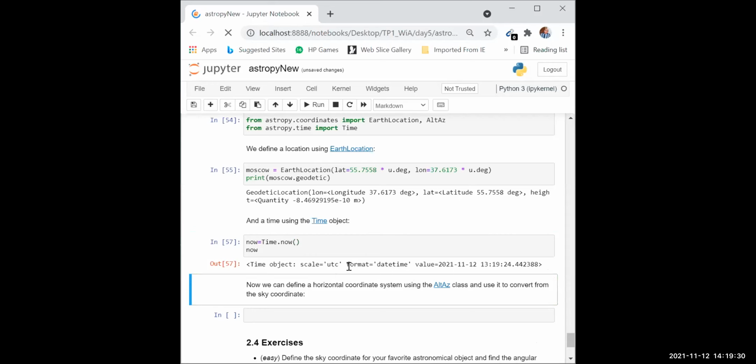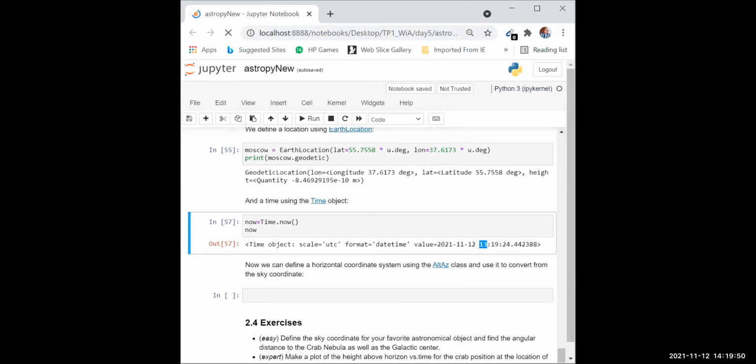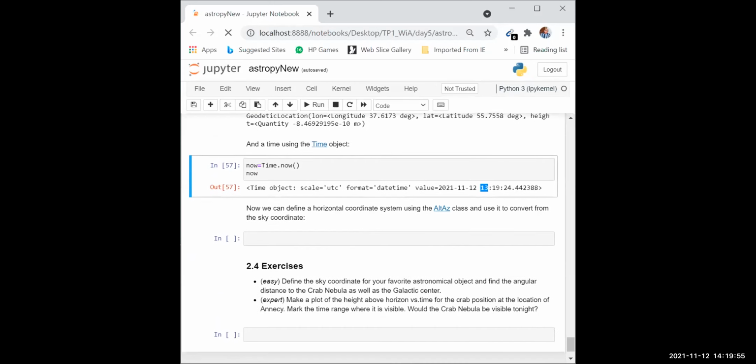The scale is UTC, and the value is 12 November 2021 and 13 hours, 19 minutes, so it's somewhere in the afternoon, 1:19.2. This is the time in Moscow at this moment. Okay, so you see how beautiful and simple it is.